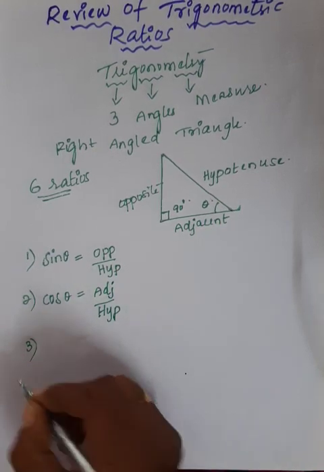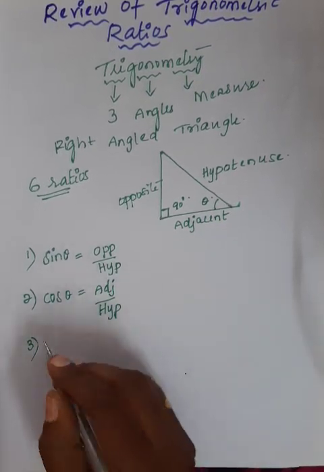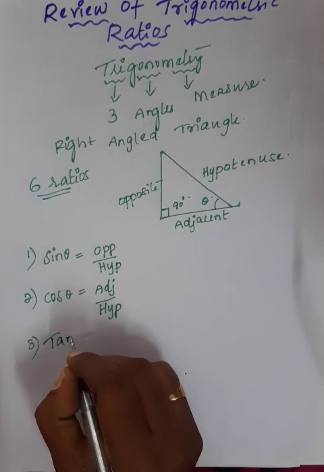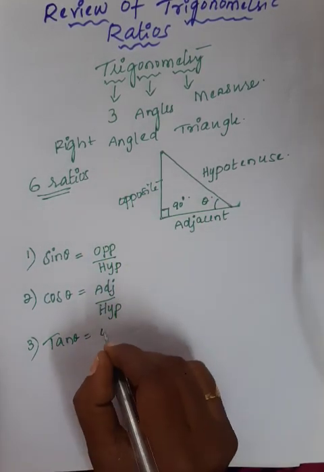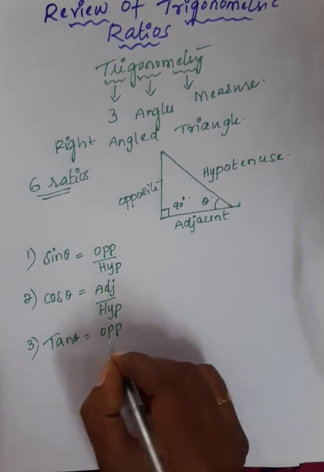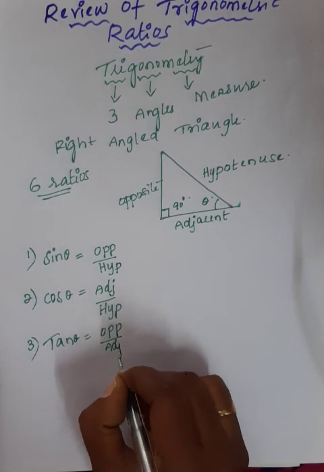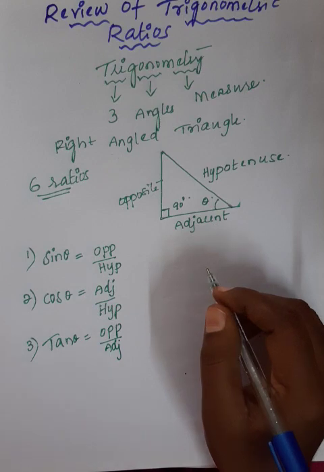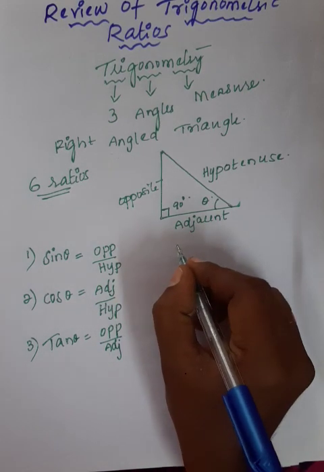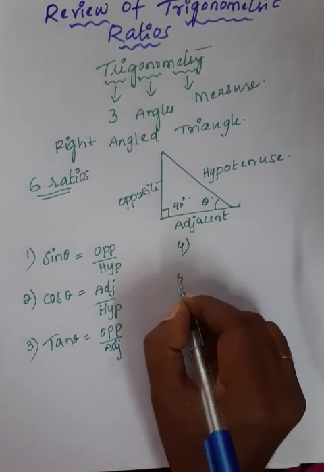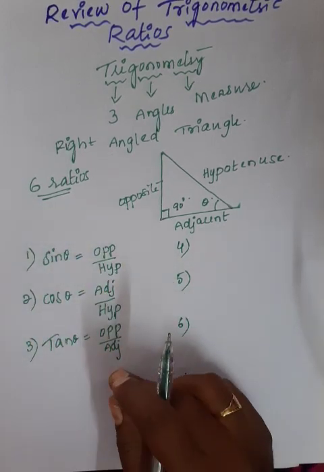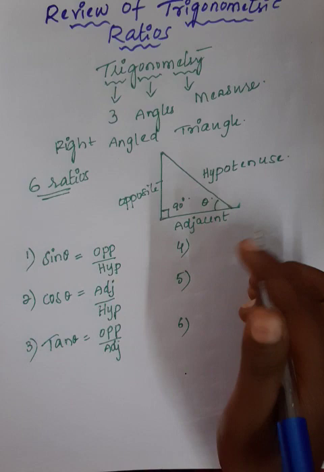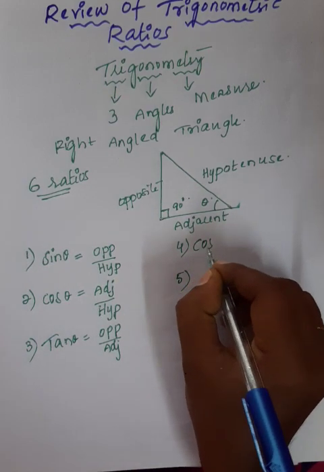Next, third one is tan theta. Tan theta is opposite side by adjacent side. So opposite by adjacent. These are the 3 trigonometric ratios, and the next 3 come as reciprocals of these 3 ratios. Reciprocal of sine is cosec theta.